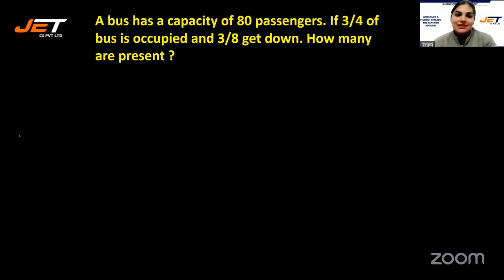Next one, a bus has a capacity of 80 passengers. If 3/4 of the bus is occupied and 3/8 get down, how many are present?